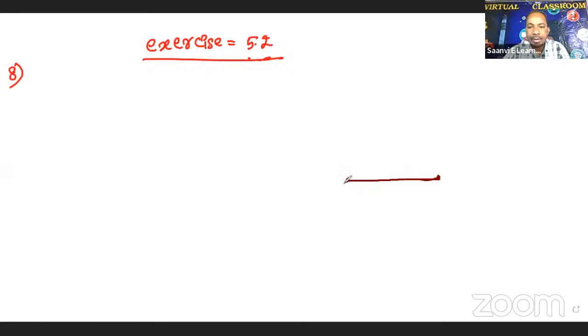So the first train is traveling west side. This is the west side, isn't it? The first train is traveling west side, and the second train is traveling north side. So this is the north side, isn't it? North side it is.